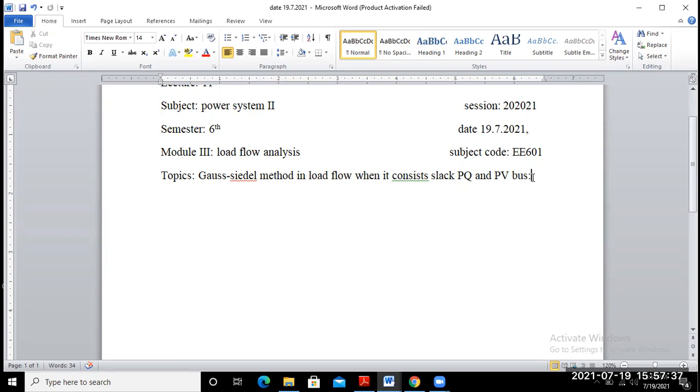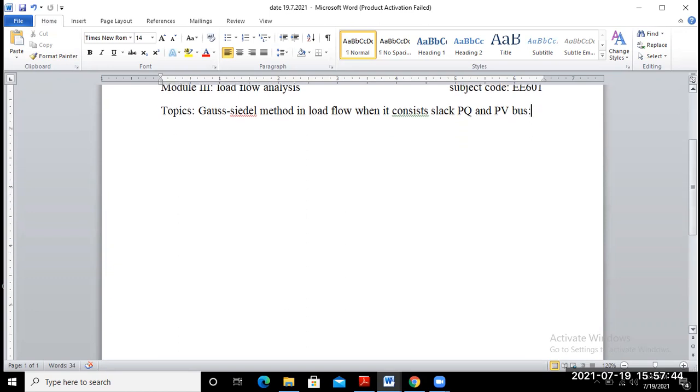If you remember the previous derivation, in a system consisting of a slack bus and PQ buses, how did we find the phasor of the voltage, that is the magnitude as well as the phase angle?